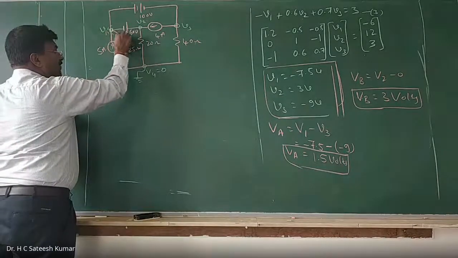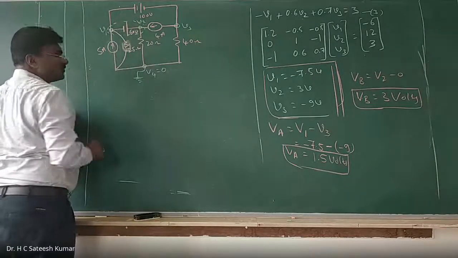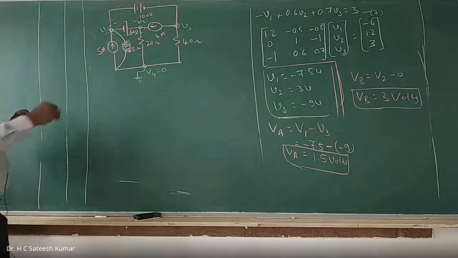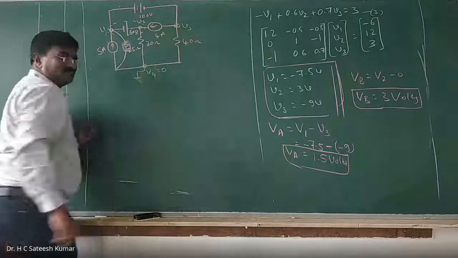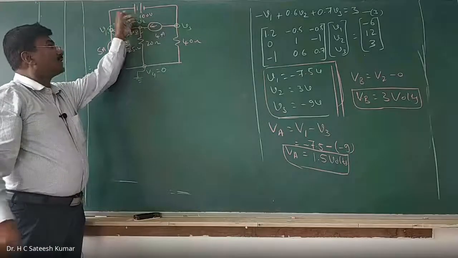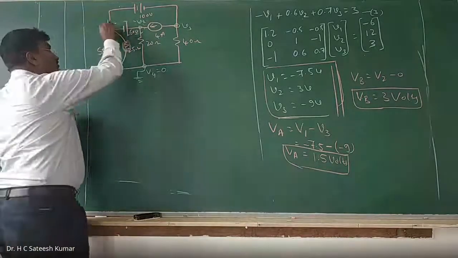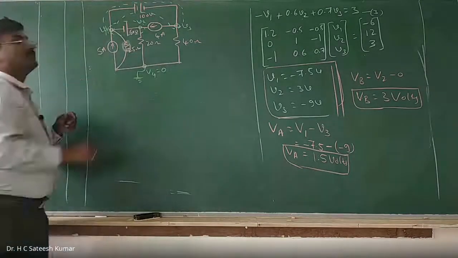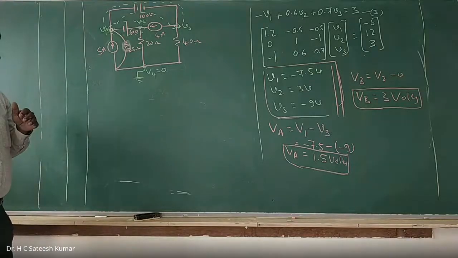I will combine these two and make the super node. Not only that, between this and this there is a voltage source without any series resistance. That is also a super node. So therefore we have one more super node. 2 super nodes. Observe carefully.